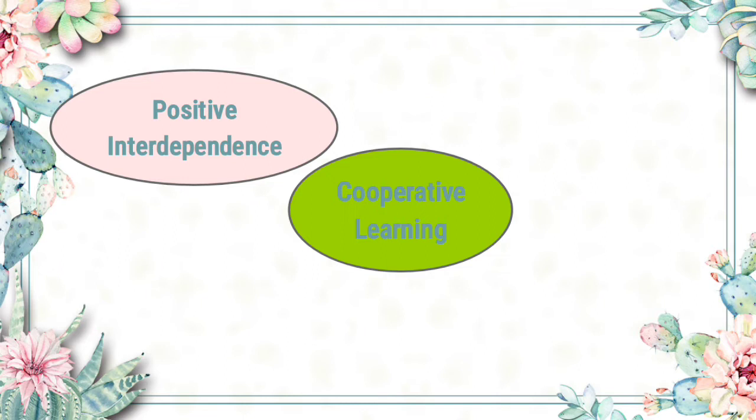Each student must be confident that he or she is responsible for the learning success of other members of the group. So cooperative relationships become important because each member believes that they cannot be successful unless other members are also successful in achieving the group goals.